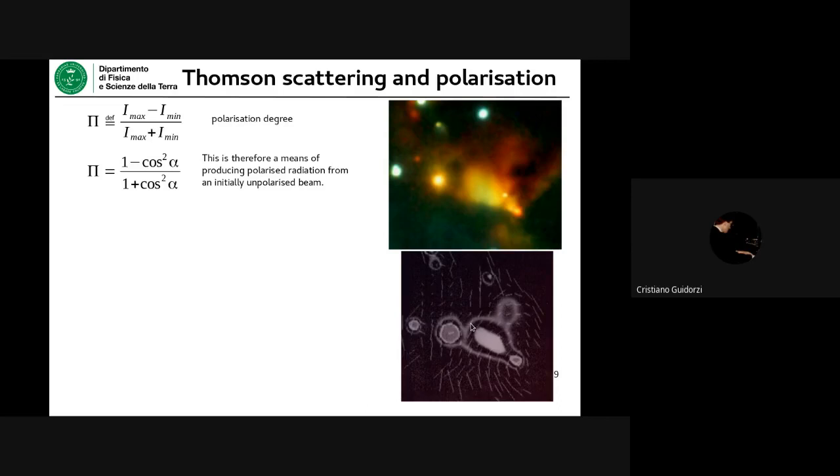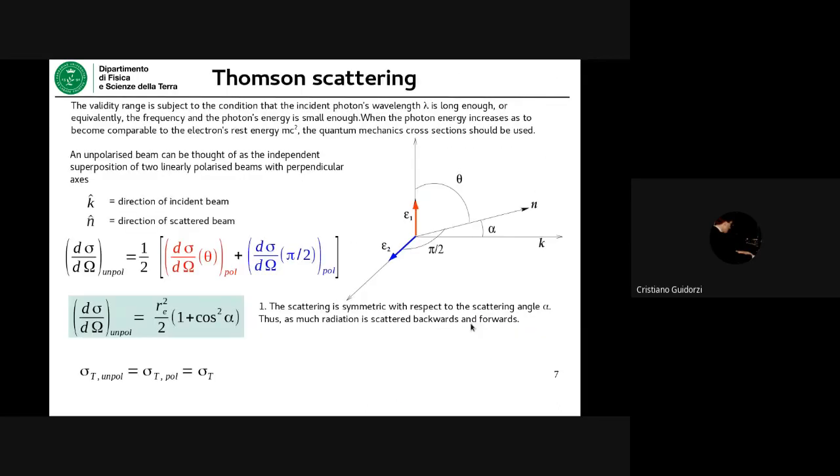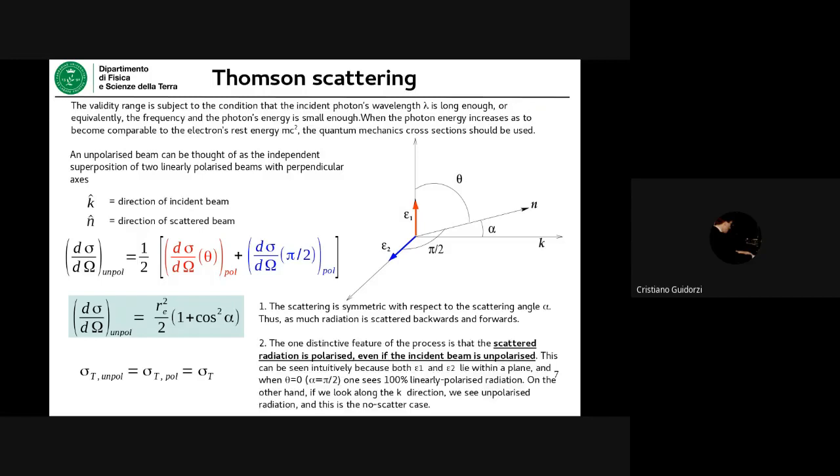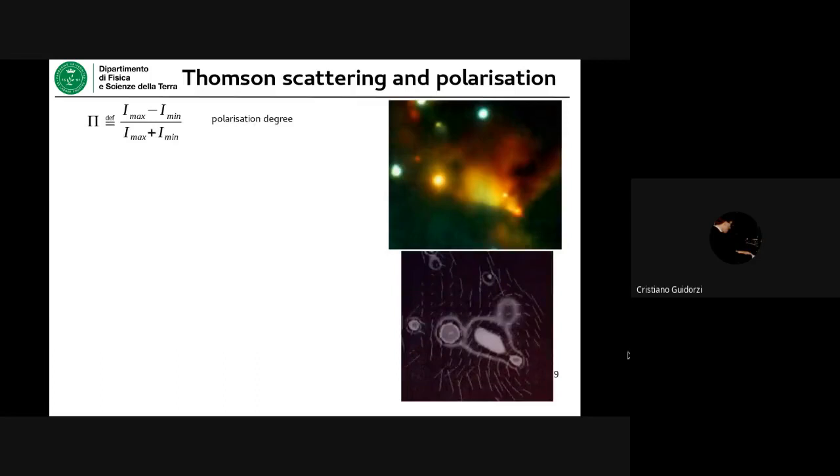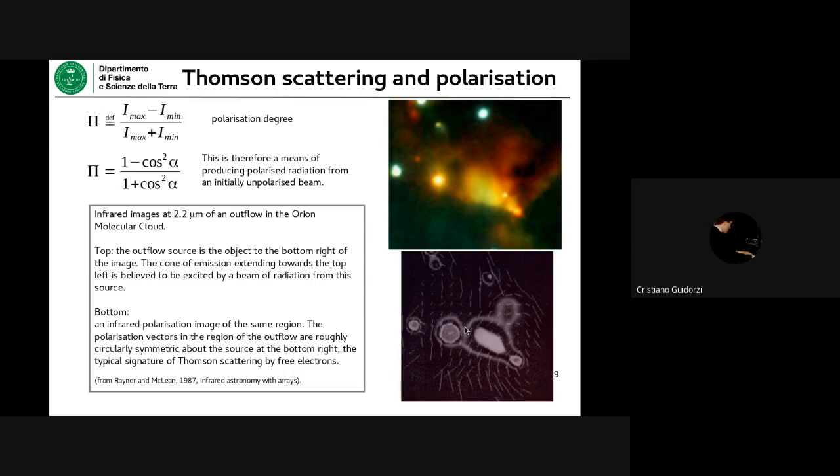If you look at the geometry here, you immediately see why. You see the net polarization taking over in this direction with respect to this one. If the source is emitting a photon that way, but then an electron scatters towards you, with this geometry, you see a polarization like that. So you immediately see that this pattern of polarization direction is the signature of Thomson scattering, and this is just an example of Thomson scattering.